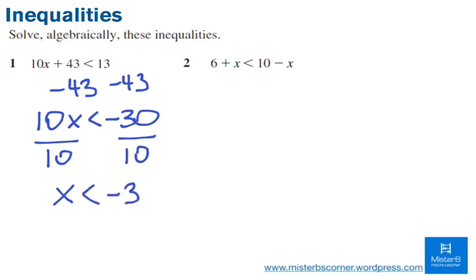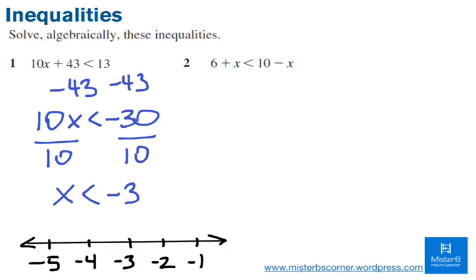So that's the answer. Now we can illustrate this, we can show this on a number line like this. So I'm going to put a hollow circle to show that minus 3 is not in the solution, and then I'm going to mark all this bit, which are the numbers smaller than minus 3, to show that they are in the solution. Of course, this is going to be connected.